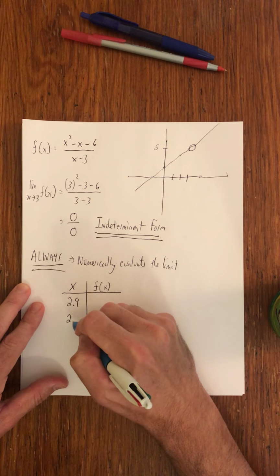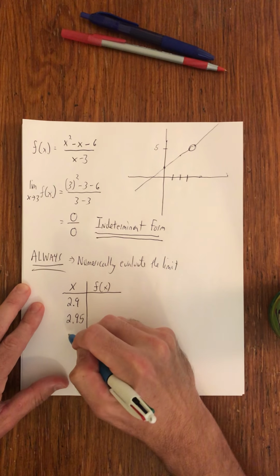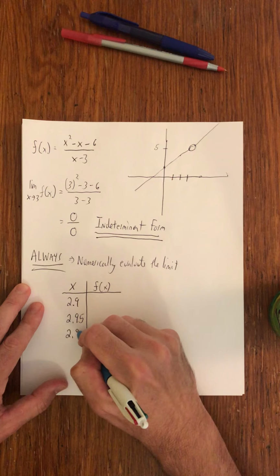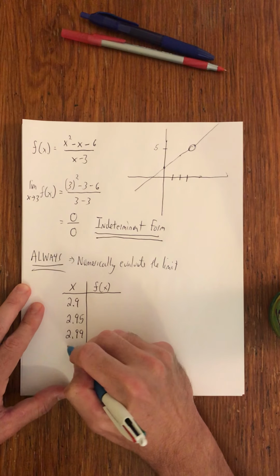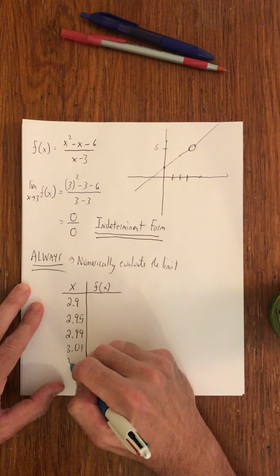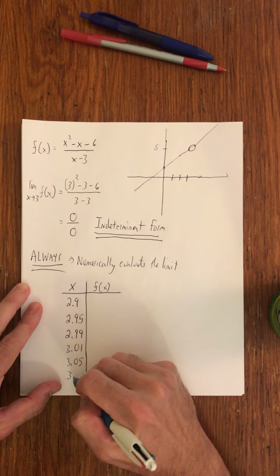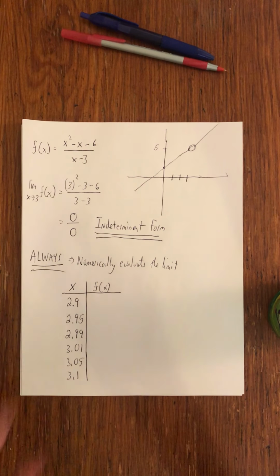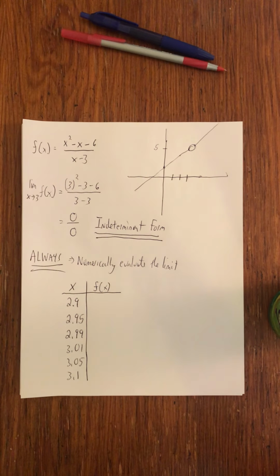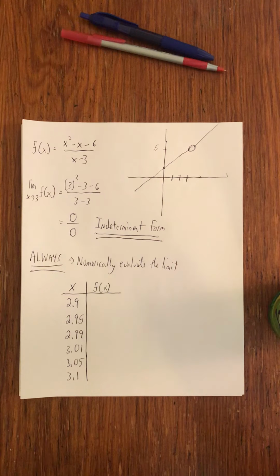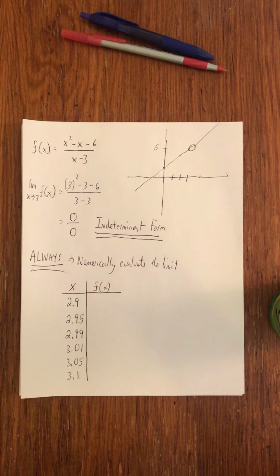We're always going to pick 0.05 below, and we're always going to pick 0.01 below, and then the same amount above. Now, this is the same thing that you're doing in your math class when you're doing it using the delta and epsilon notation where you're finding neighborhoods and ranges. We're just evaluating this very numerically and practically rather than in that theoretical sense.